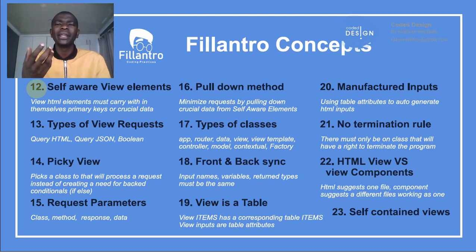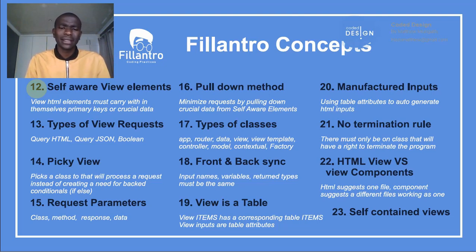So in a way, I'm encouraging the idea that these things work hand in hand, because a view feeds the database, and the database also feeds the view, because the view gets the information from the database. Hence I'm saying a view item has a corresponding table item. A txt student input has a student column in the database.